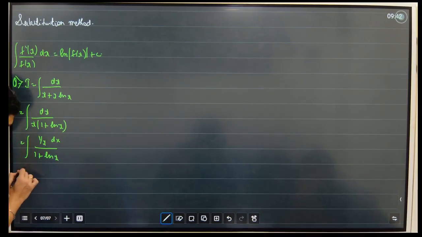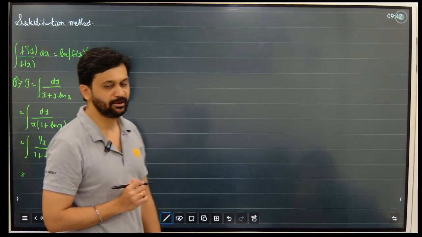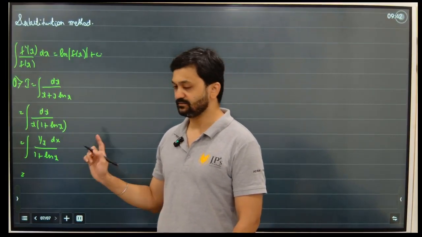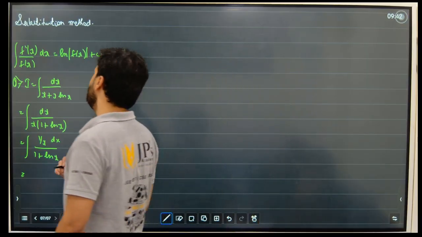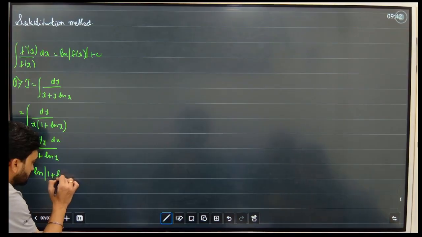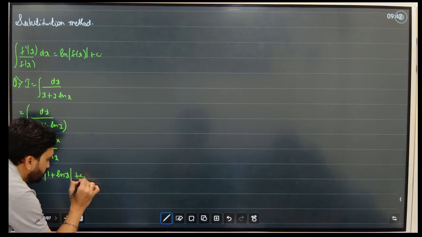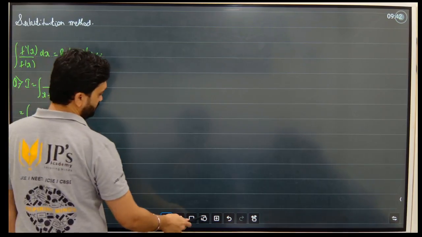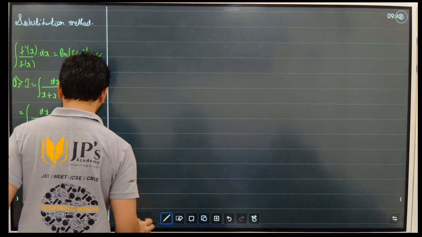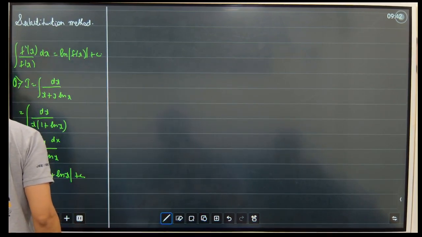Now, by looking at it, I know that my numerator is the direct derivative of the denominator. The derivative of 1 is 0 and of ln x is 1 by x. Since my numerator is the direct derivative of the denominator, my answer is ln mod of 1 plus ln x plus c. So remember this, whenever my numerator is the direct derivative of the denominator, my answer is log of mod of denominator plus c.